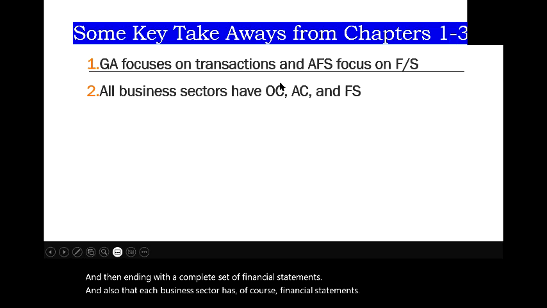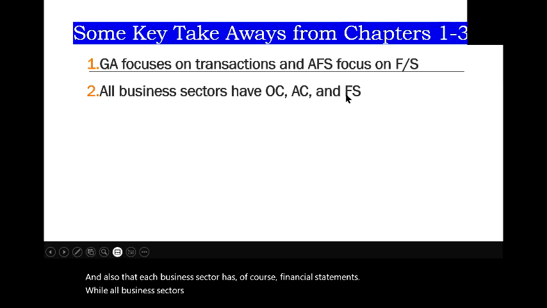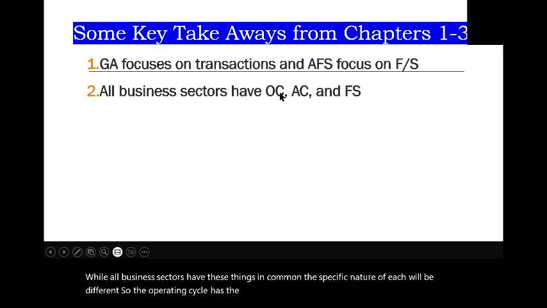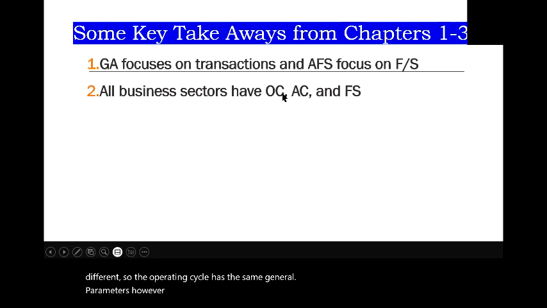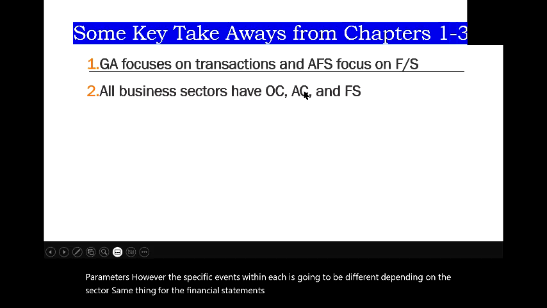While all business sectors have these things in common, the specific nature of each will be different. So the operating cycle has the same general parameters. However, the specific events within each is going to be different depending on the sector. Same thing for the financial statements and the accounting cycle.